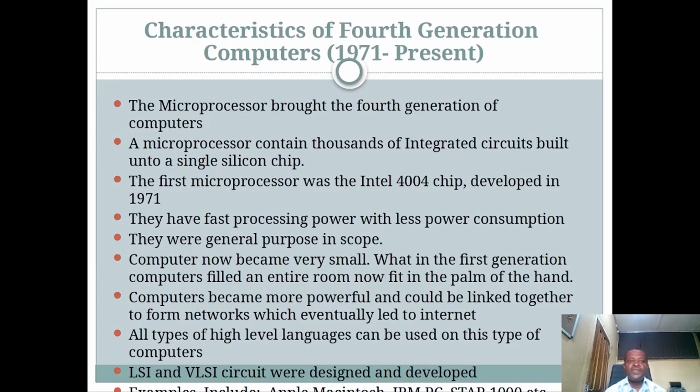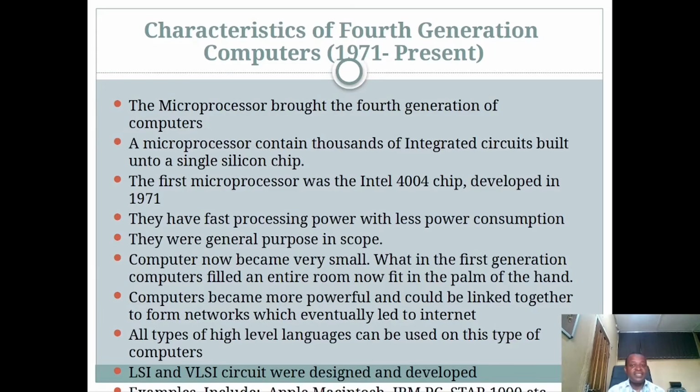Because of the microprocessor, computer became very small. What in the first generation computers filled an entire room now fits in the palm of the hand. That means we started having laptop computer systems, some people call it briefcase, palmtop, and desktop system.